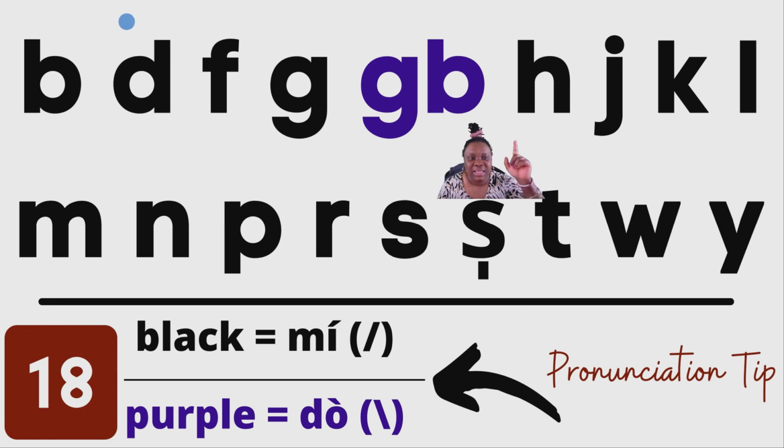B, D, Fi, Gi, B, I, Ji, Ki, Li, Mi, Ni, Bi, Ri, Si, Shi, Ti, Wi, Yi. So they sound like mi.